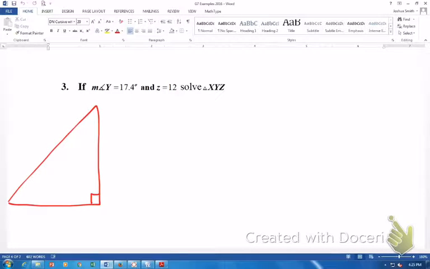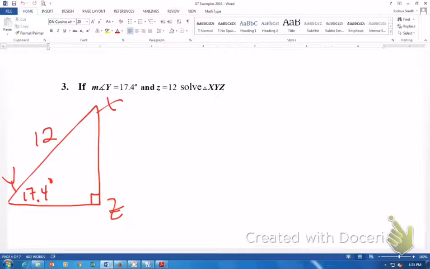Here's your right angle, and this is y, this is x, this is z, and they say the angle y is 17.4 degrees, and z, which is the hypotenuse, is 12, and they want us to solve this triangle.